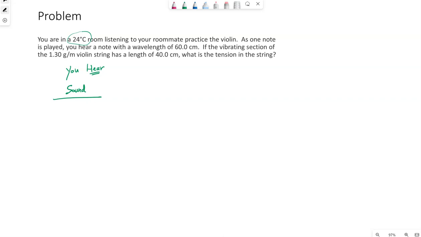The sound wave, though, is created by your roommate practicing the violin and thus drawing their bow across the string of the violin. So we have a sound wave and a wave on a string. They are not going to have the same speeds necessarily. In fact, just assume they do not have the same speed because they're totally different types of waves. But they will have one thing in common.